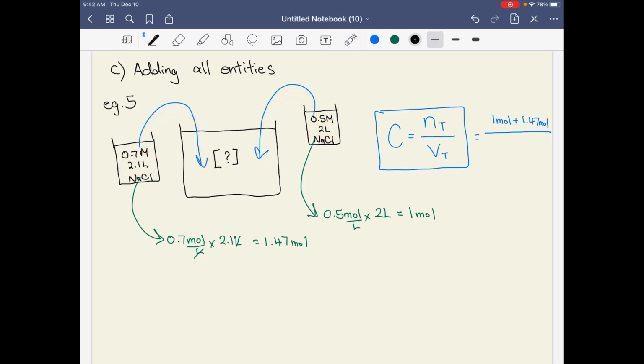Just add them. So 2 liters plus 2.1 liters. Okay, so let's calculate this. So 2 plus 2.1. Your answer is 0.60 molar. I like 2 decimal places.